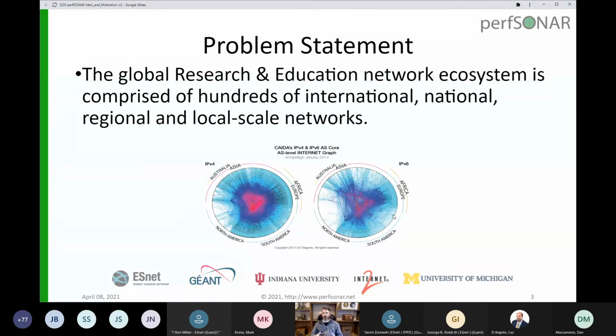So we've talked a little bit about this already, but a lot of what we deal with when we're talking about research and education networks is that they are very complex beasts that we don't have control over all of the parts. In fact, you very likely only have control over maybe not even the entire network on your side. If you're a large institution, you might only control the research network or a small portion of your commercial production network. But we still have to get data from end to end.